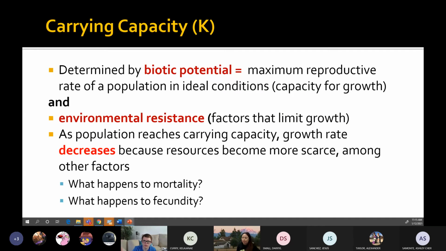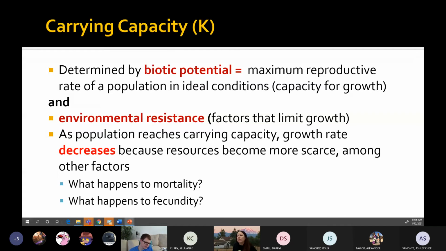All right. With fecundity, or the amount of offspring, what do you think happens? Increase, maybe? No, probably decrease. If I say both answers, one of them is going to be right. All right. So this is where it really depends on the species, and try not to think of humans, because we are the exception to the rule.